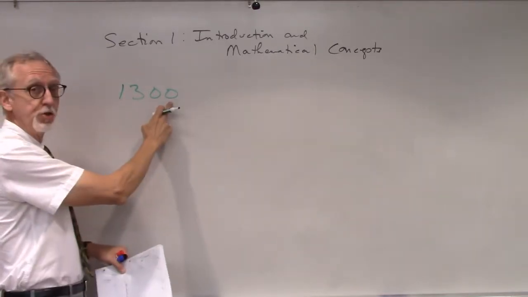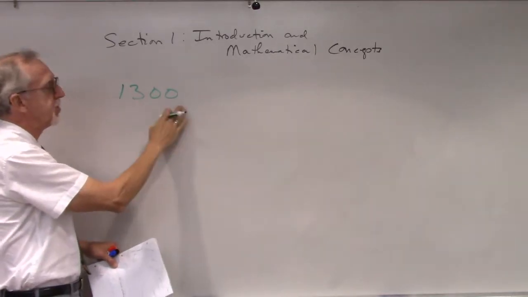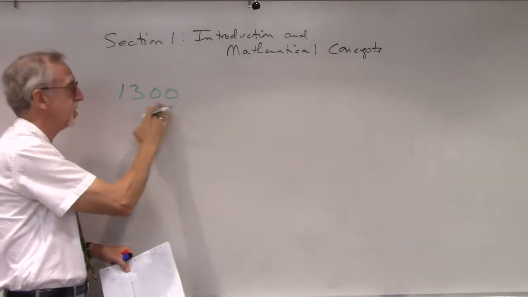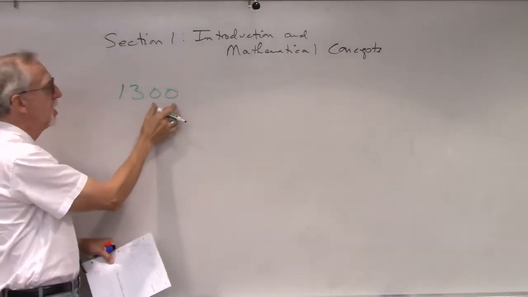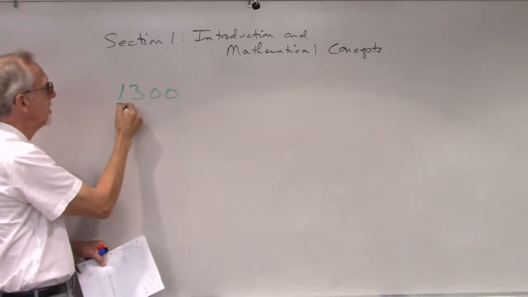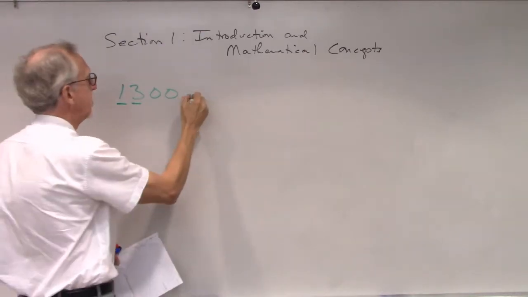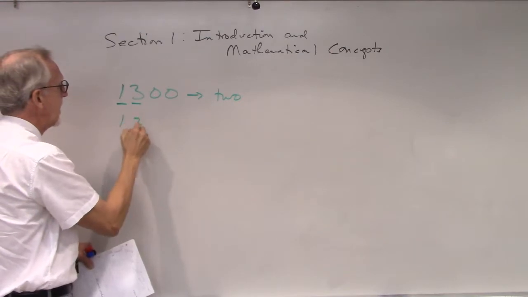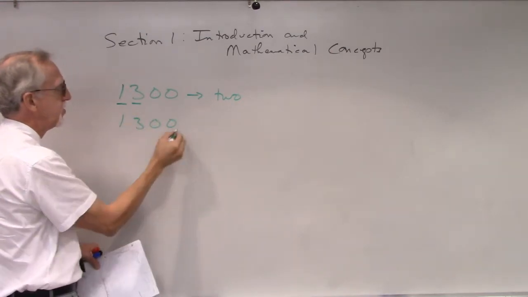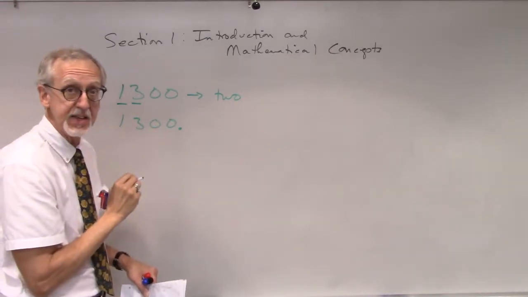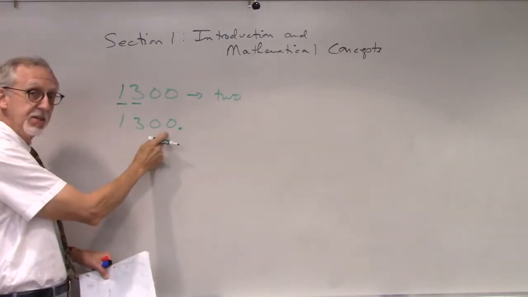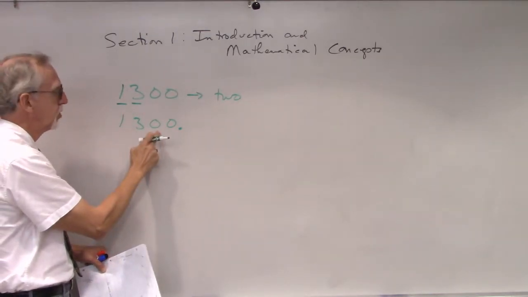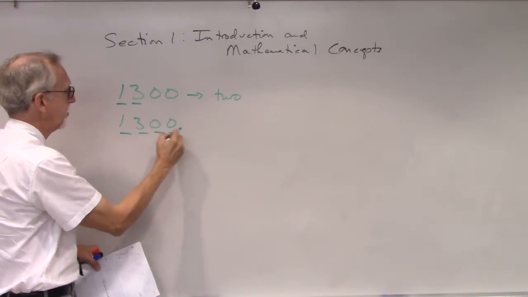Here are zeros to the right of the non-zero digits, but there is no decimal point written in the number, so those are not significant, so we have two significant figures. If we were to write this number as 1,300 but include the decimal point, then that makes those significant, and we have 1, 2, 3, 4 significant figures.